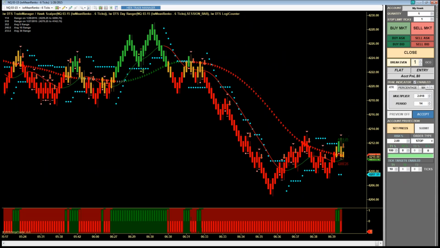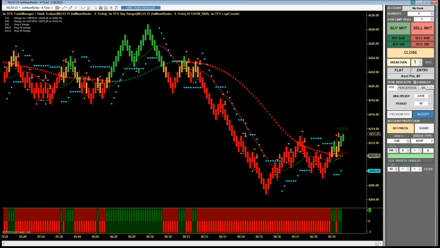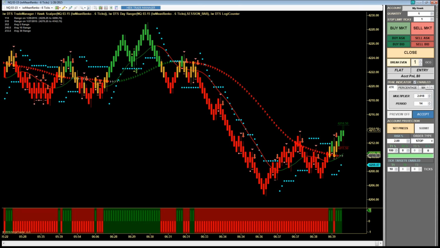Now, last but not least, we have this fantastic tool right here. This is our trade manager. And the trade manager, no word of a lie, is probably the most important trading tool that you can own.